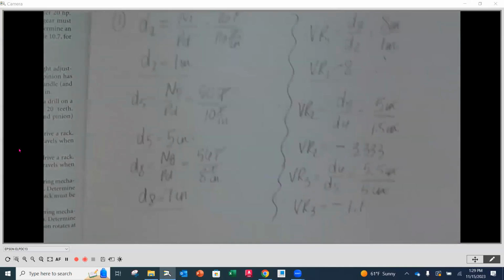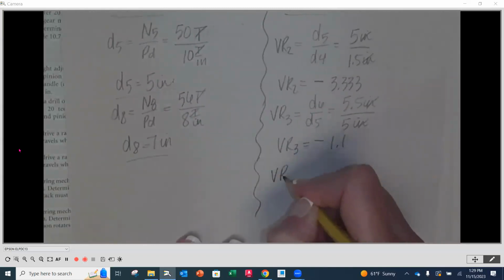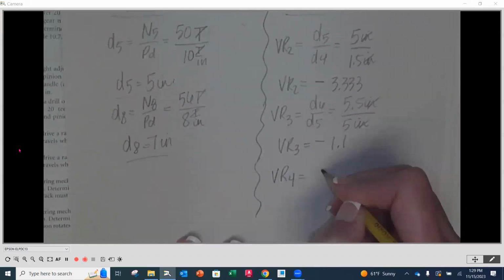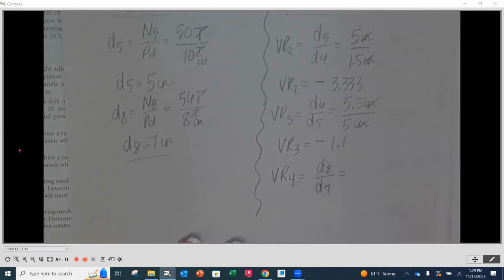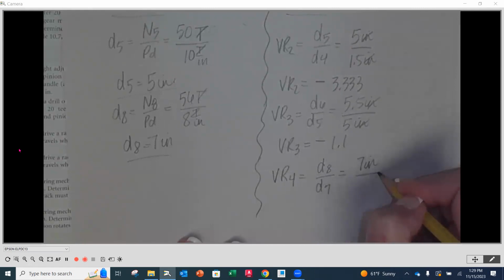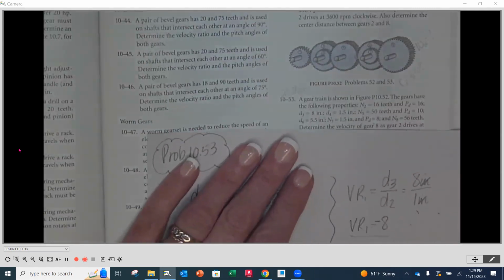5.5, yep. And now that I have the pitch diameter for number 8, I can do velocity ratio number 4. It's going to be the pitch diameter of 8 divided by the pitch diameter of 7. The pitch diameter of 8, we just calculated, is 7 inches. The pitch diameter of 7 is 1.5.